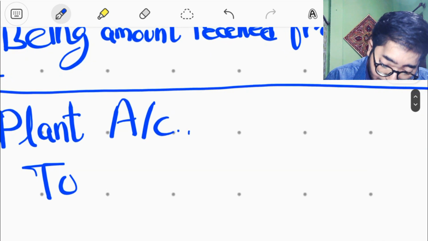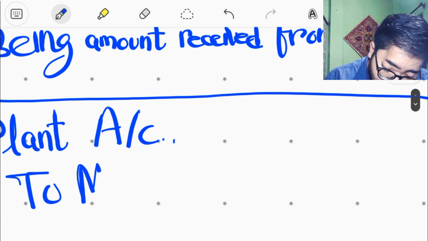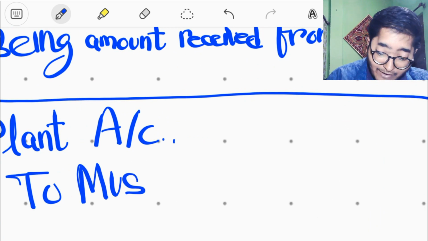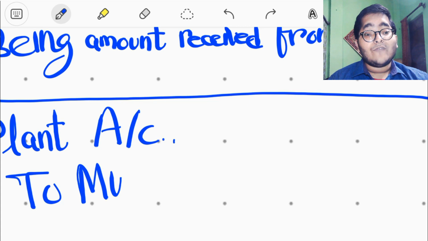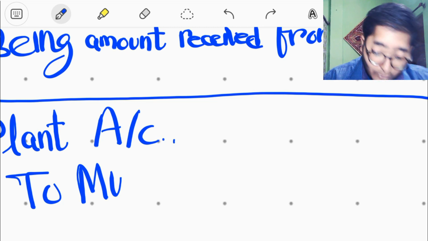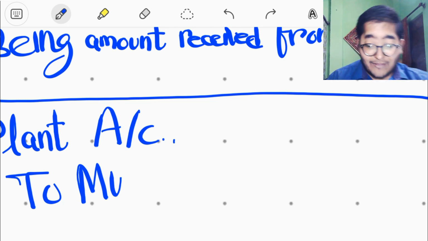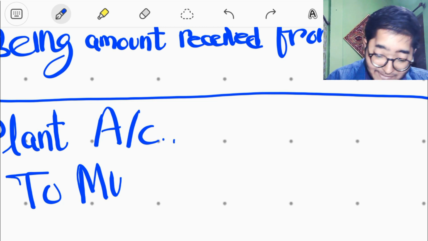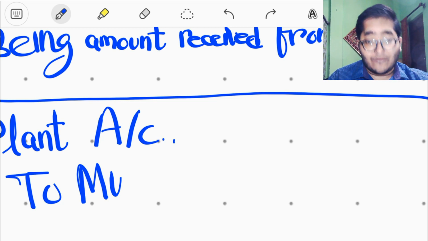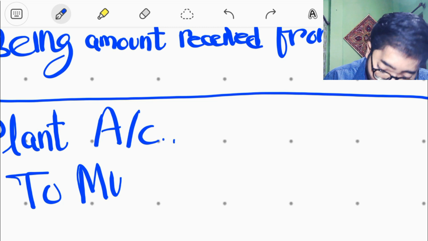Why? Mukesh is the creditor. Mukesh is selling his goods on credit. Why are we taking Mukesh as the creditor? Because no cash or bank is given. The plant is not purchased by the payment of cash or bank. So Mukesh, the name is given. It is a personal account. So the Mukesh name would be evident.